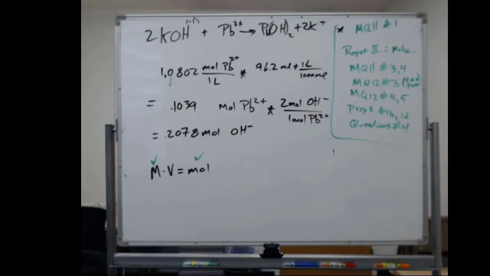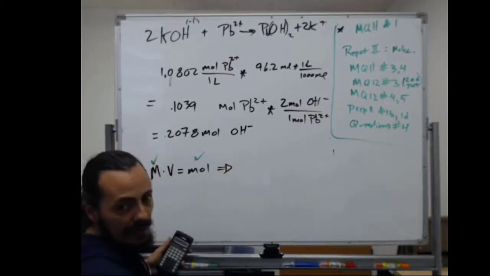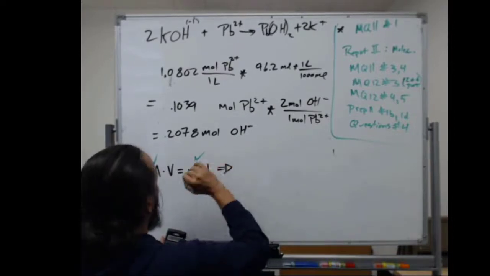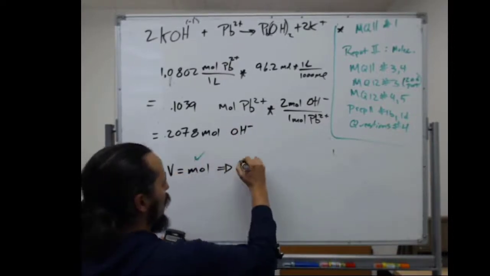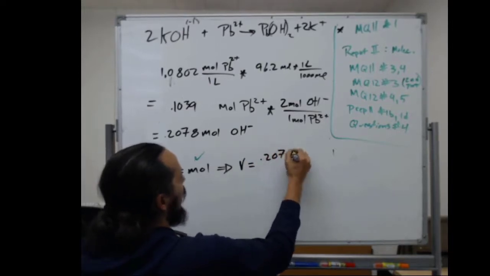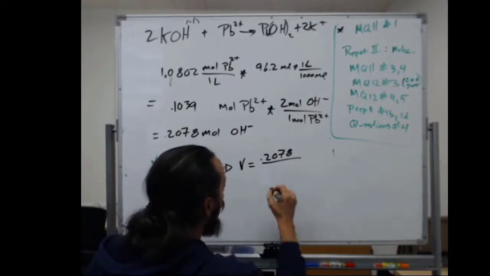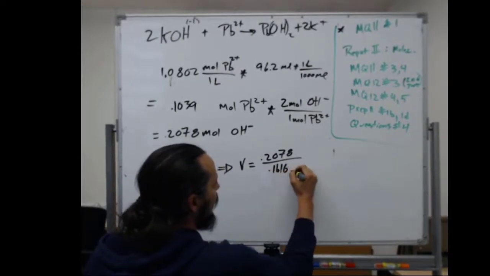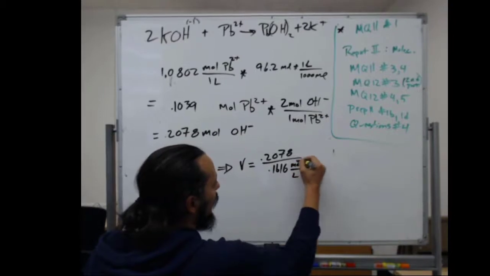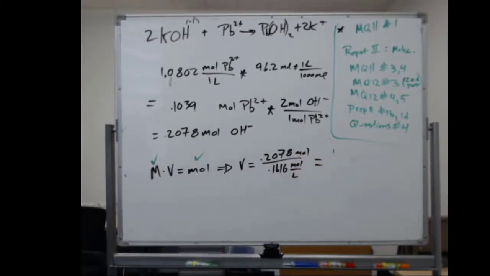And if you do that, and this is for Caitlin's particular numbers, you get volume is equal to 0.2078 divided by your molarity, which is 0.1616 moles per liter, and that should get you the answer.